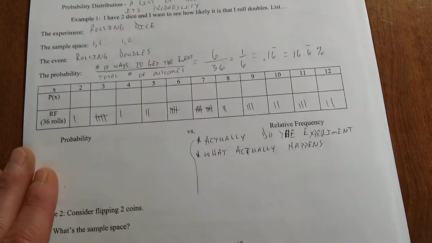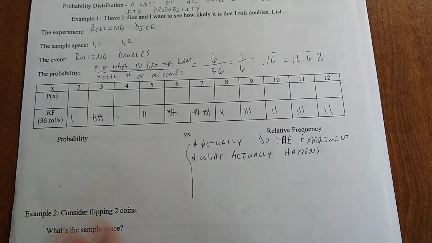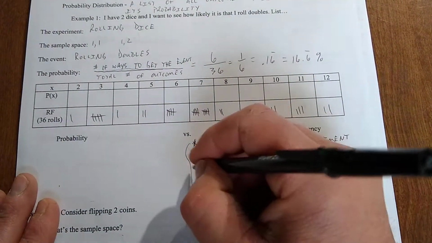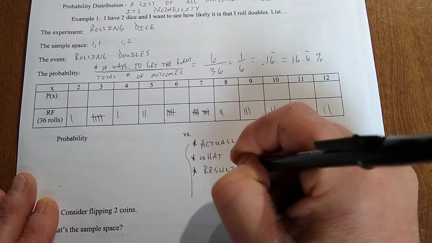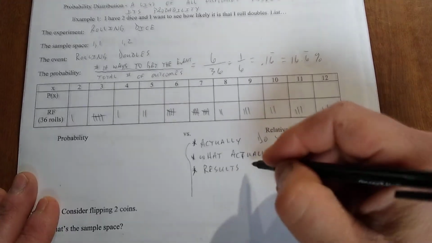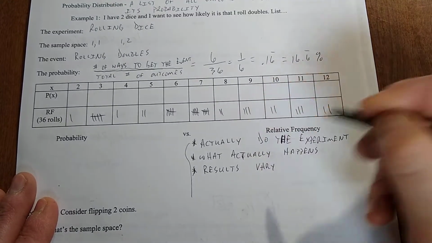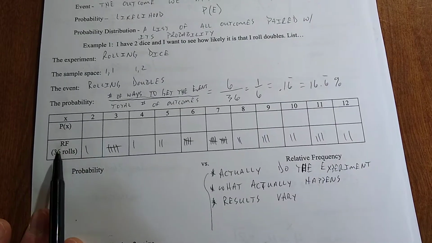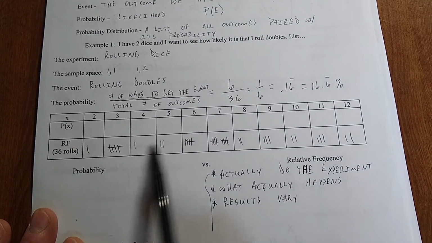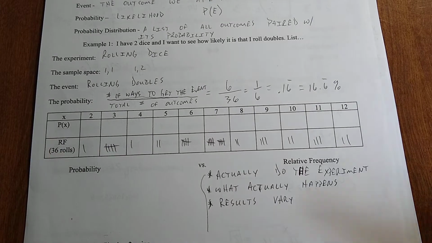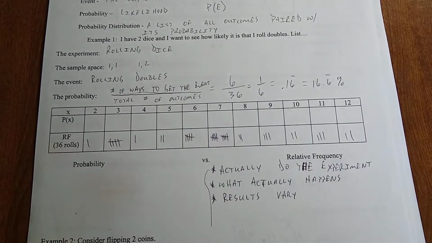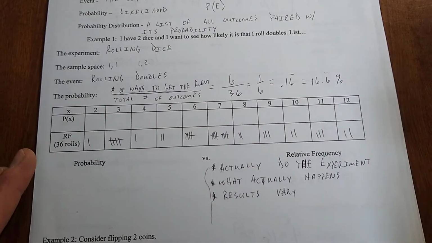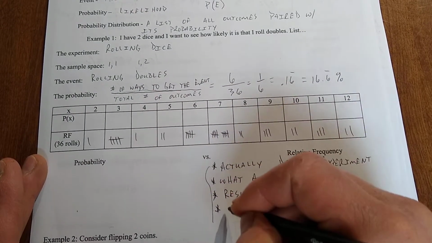When you do an experiment, it might match probability or theory exactly, but it might not. So results will vary. Meaning you might do the experiment and get one result, and I'll do the experiment and get a different result, and that's okay. We can have different relative frequencies. That's why I put RF here. If you actually did this and tallied it, that's a relative frequency. You did the experiment and figured out, what's the relative frequency that you would get a 2? Well, for me, it's 1 out of 36. For a 3, it would be 5 out of 36. It might not match theory.